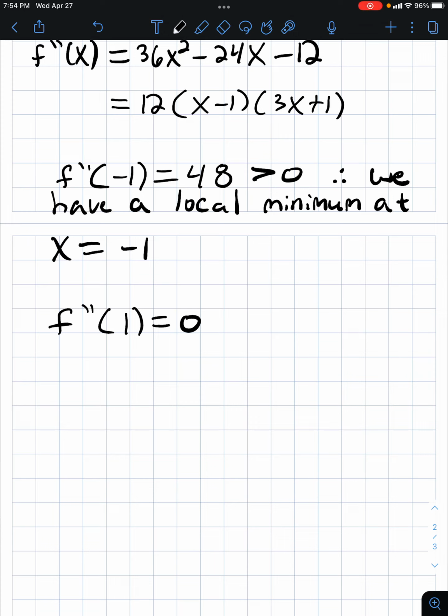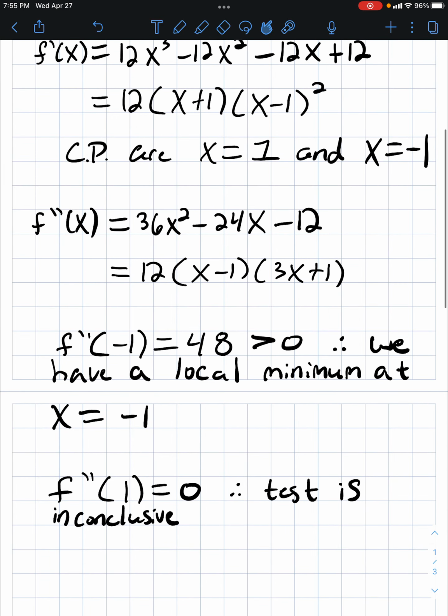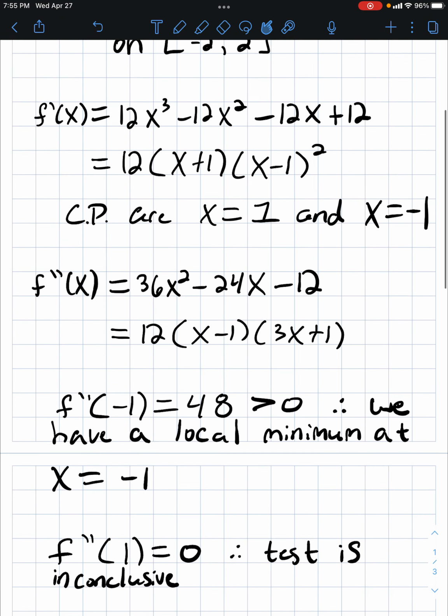So if f double prime is equal to 0, then the test is inconclusive, which means f may have a local maximum or local minimum or neither at that point, which in our case is x equal to 1. So that is the solution to this problem.